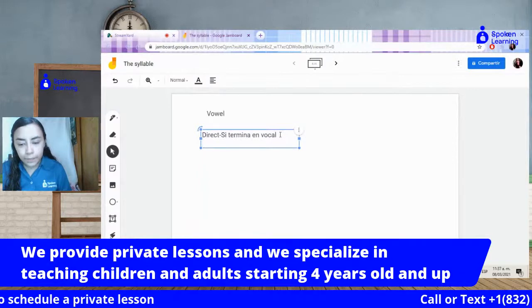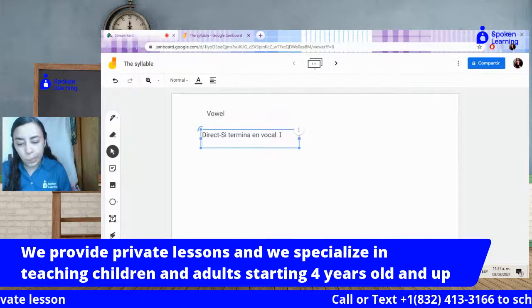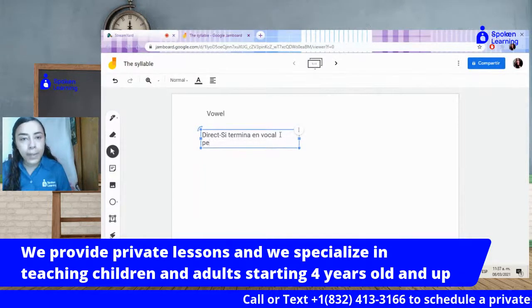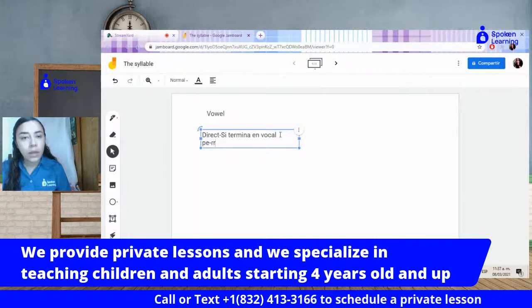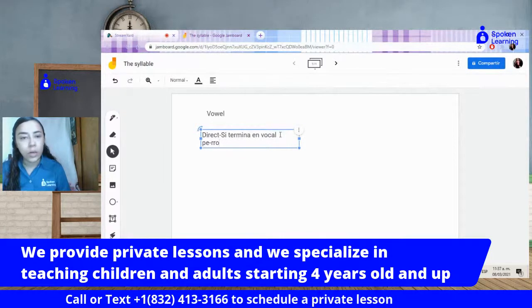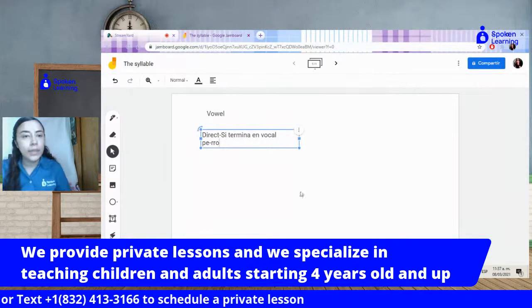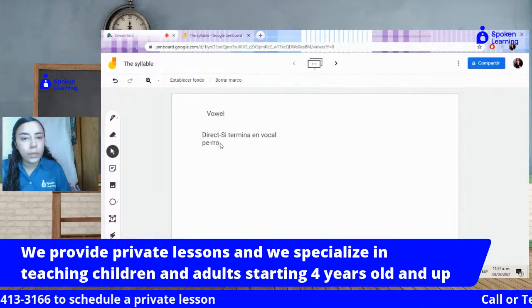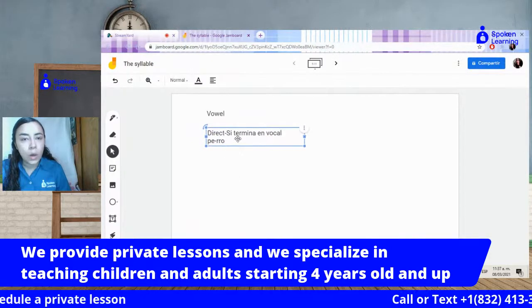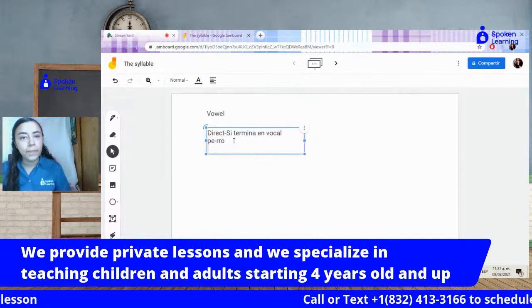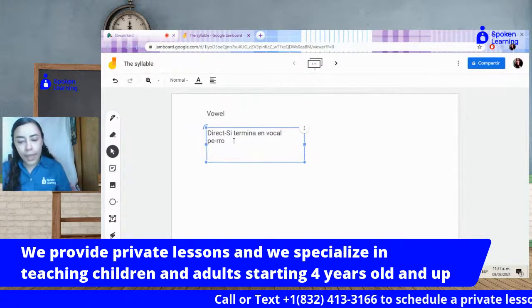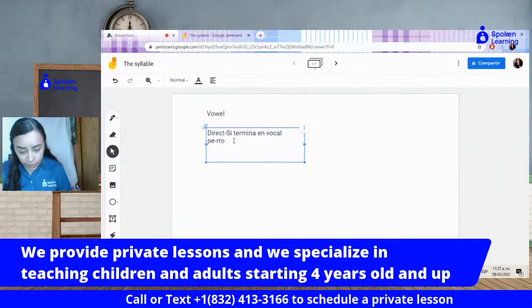So let's put an example for this. Let's say perro. So as you can see here, it finishes in vowel, in this case, the letter O. Okay, O. And we have the closed one.